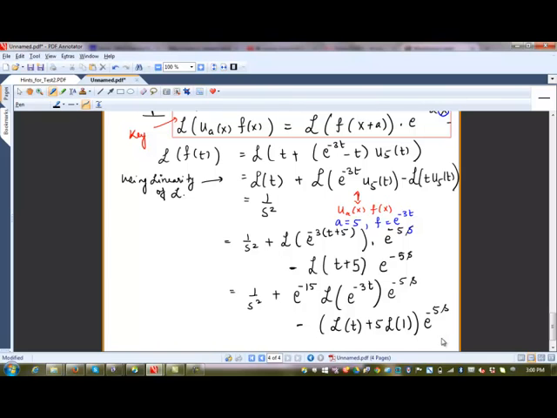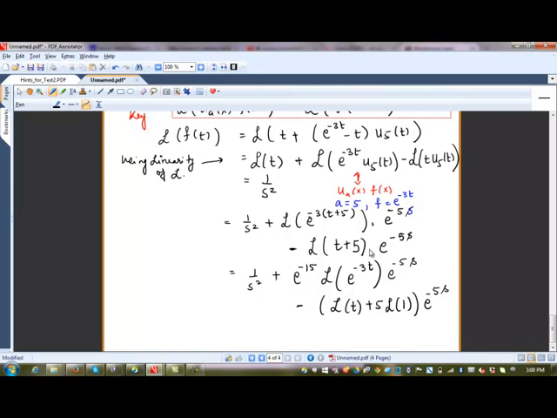I'm showing every step, otherwise I could have written the expression very quickly, but how we are breaking it is linearity, every time linearity. So what is the Laplace transform of e to the power minus 3t? 1 over s plus 3. So this turns out to be e to the power minus 15 minus 5s divided by s plus 3. This line should be straight.